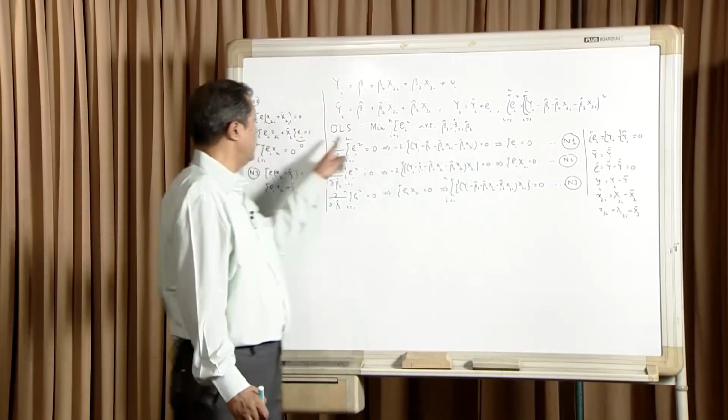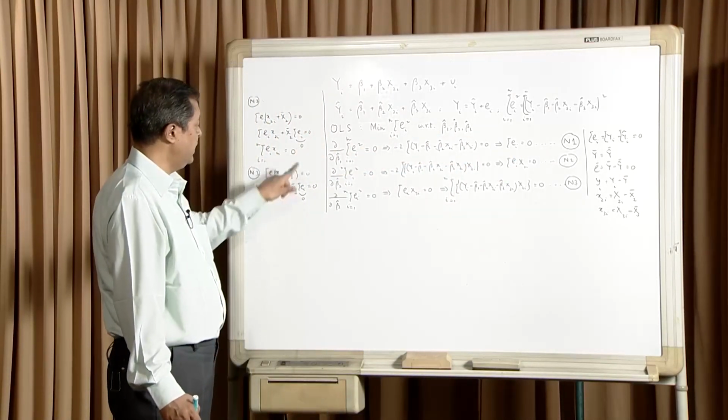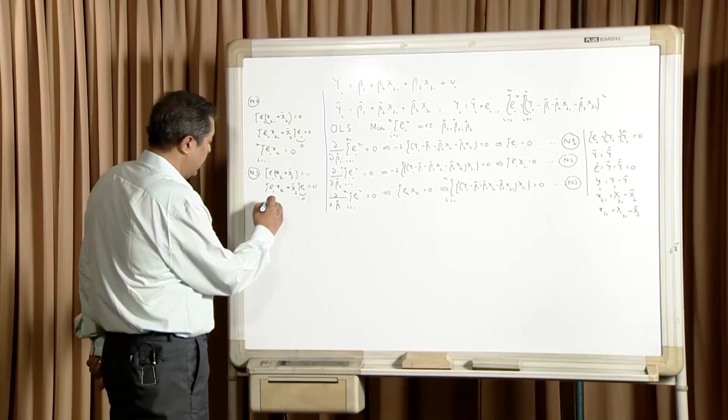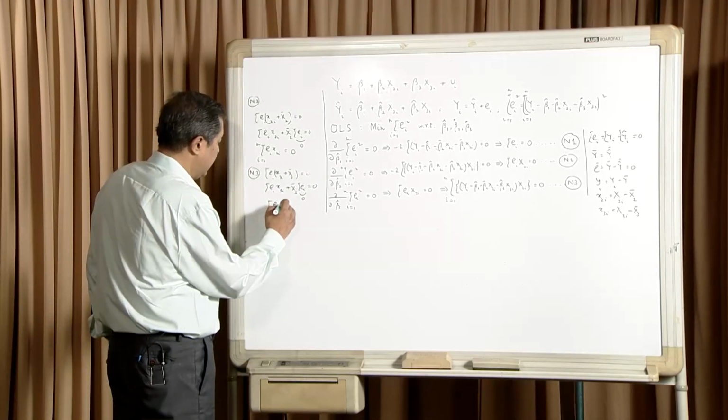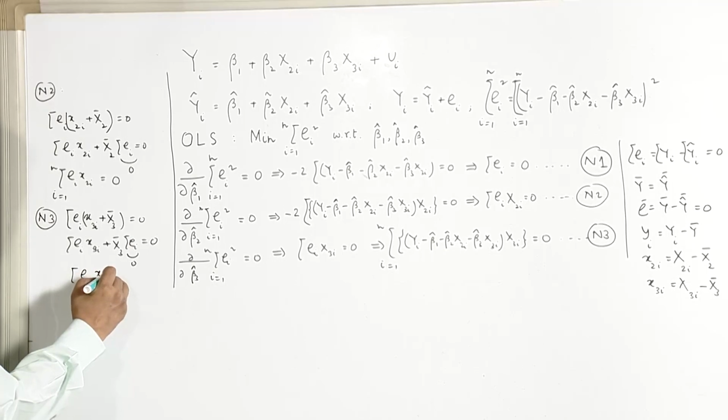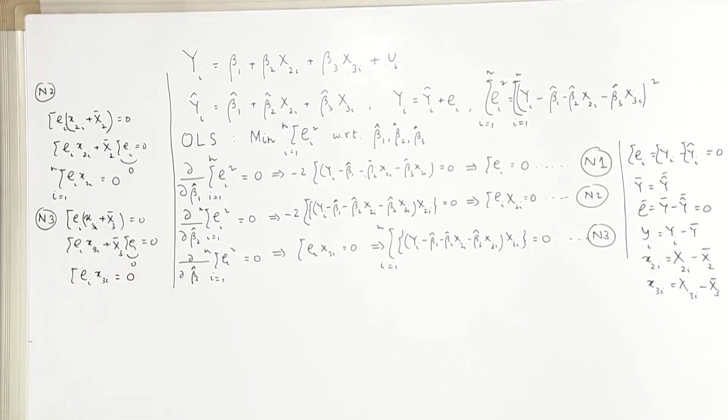So, the first normal equation already puts summation e_i equal to 0, and we are left with summation e_i x_3i equal to 0.